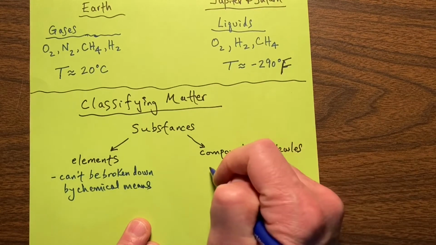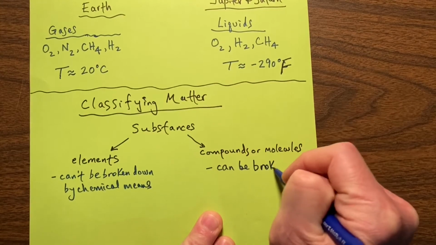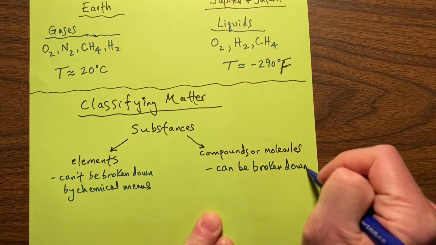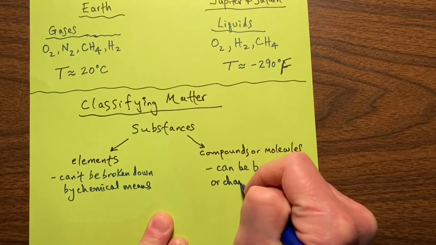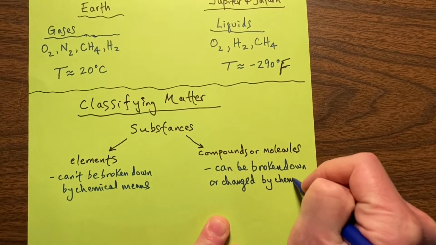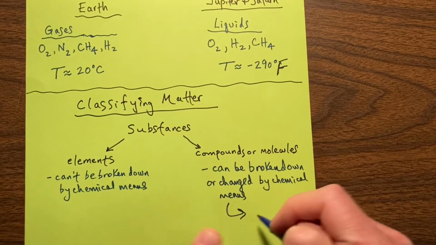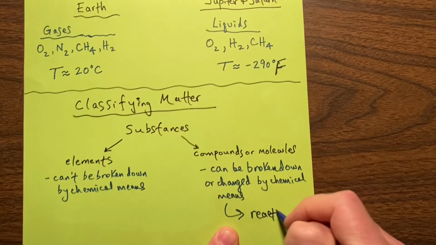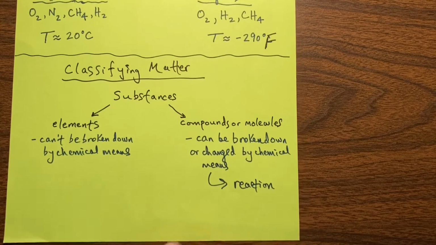Compounds or molecules can be broken down by chemical means. Or they can be rearranged, broken down, or changed by chemical means. When I say chemical means, I mean a reaction. A chemical equation is a symbolic summary of a chemical reaction, a chemical change.